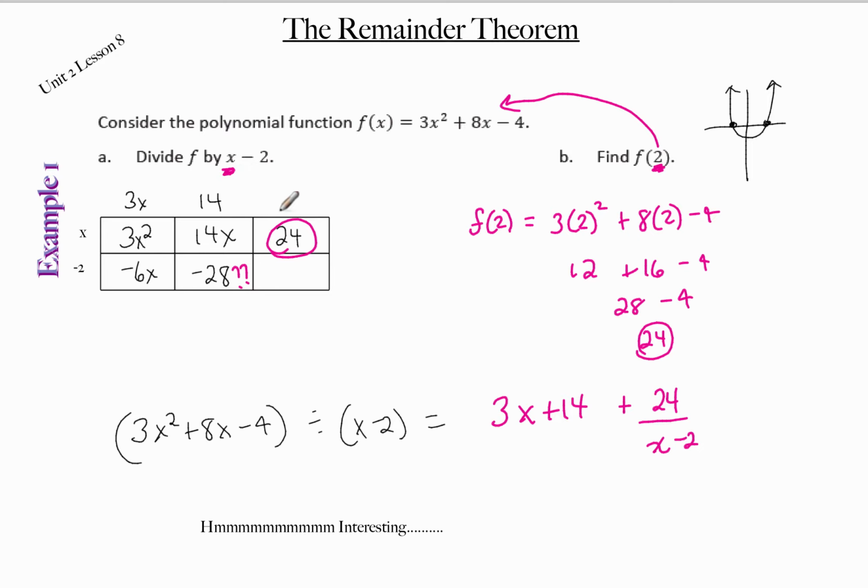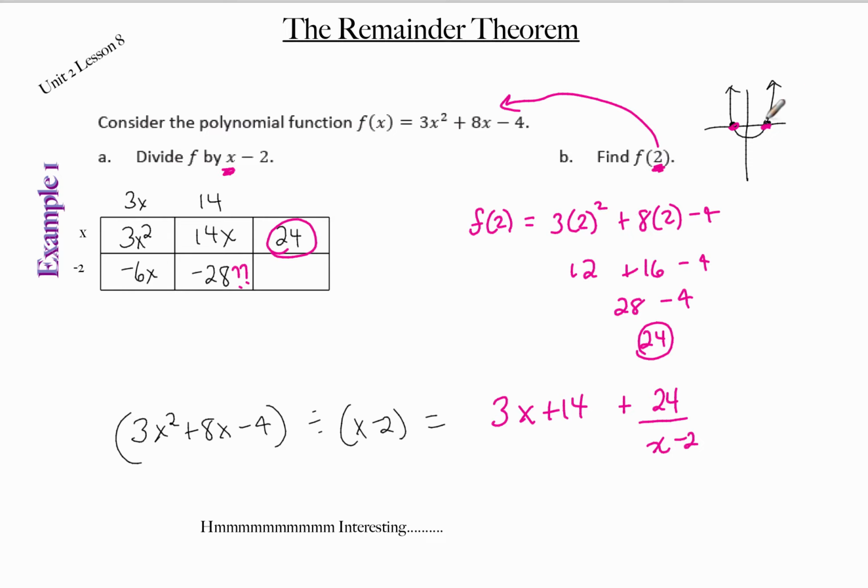So when we were dividing, the remainder was telling us whether the number that we were dividing by was a root or not. And furthermore, it told us where we were on the parabola. So for instance here, we don't know what the root is to this parabola, but we do know that when we put 2 in, we got 24 as a remainder.